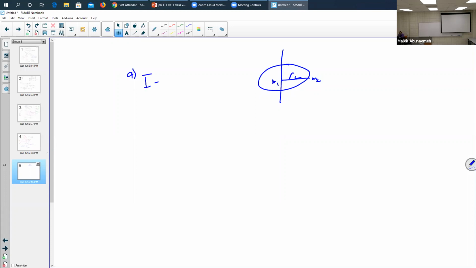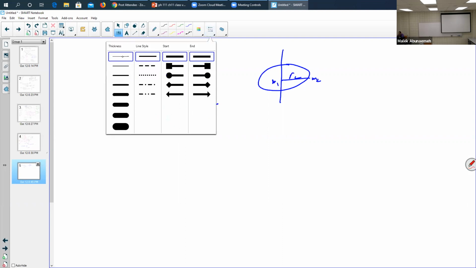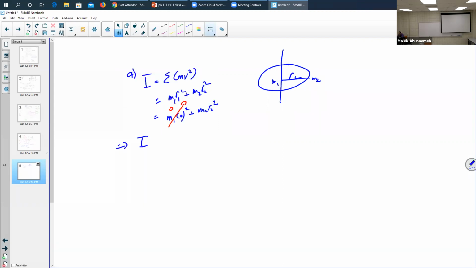That means your moment of inertia equals the summation of all your masses multiplied by R squared, which is M1 R1 squared plus M2 R2 squared. Well, R1 is 0, so this term goes to 0, which means your moment of inertia is going to equal M2 R2 squared.